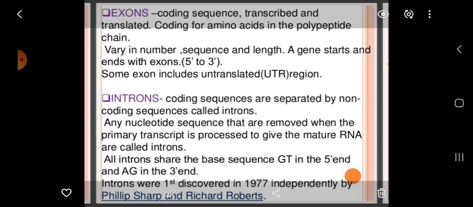All introns share the base sequence G and T at the 5' end and AG at the 3' end. Introns were first discovered in 1977 independently by Philip Sharp and Richard Roberts.